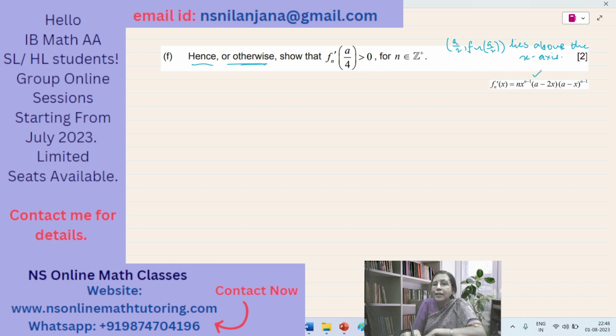And this is the expression for fn dash of x, which we had proved in subpart C. So I have just brought in this expression, which I am copying, because we have proved it. It's not that they have asked us to prove it now, so we have every right to copy it.